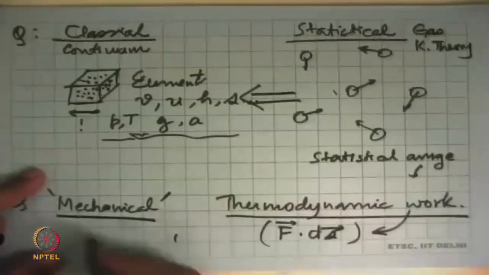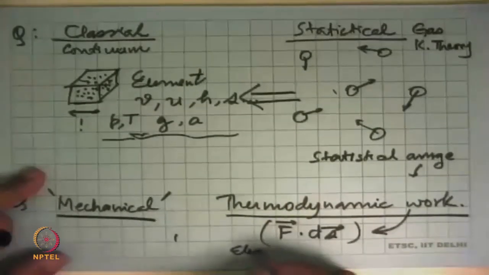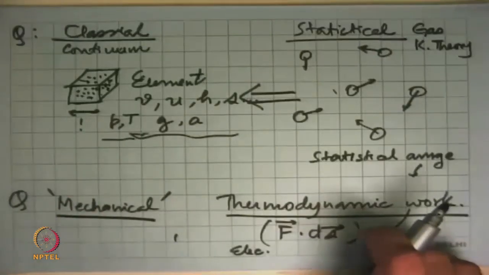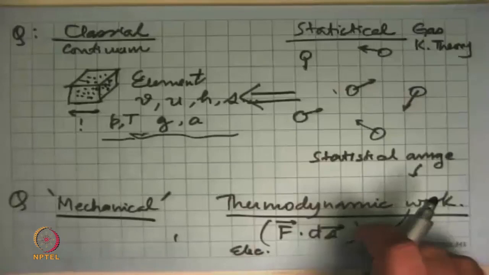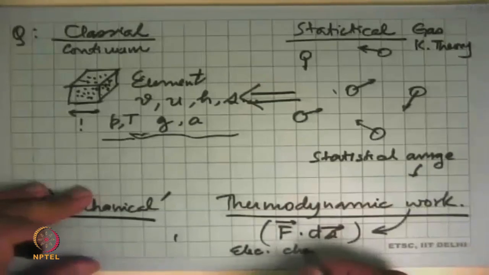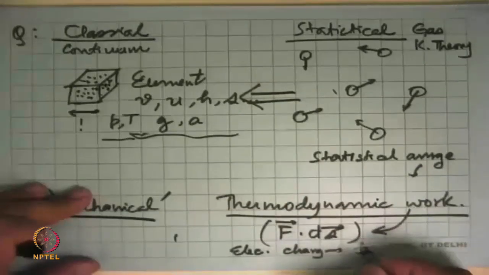But this includes electrical work. That means current flowing through a device, a conductor or a heater. When the current flows through it, there is work inflow into that system. So current is because we have a charge going across a field.